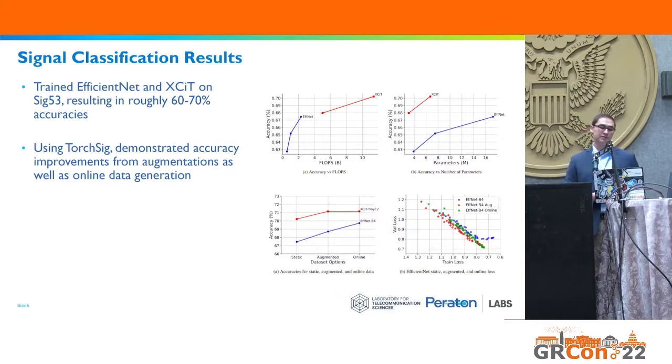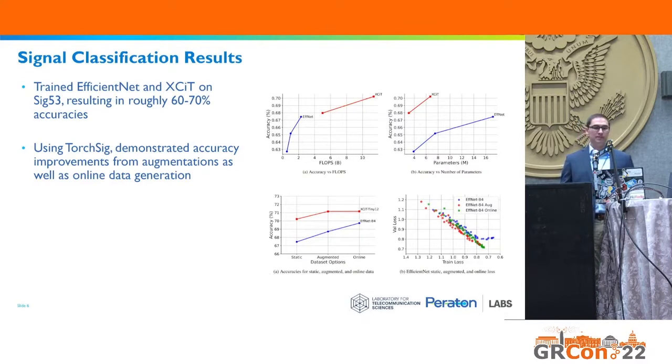these modern neural architectures. Additionally, something that has shown a lot of progress in the machine learning field since a paper that came out in 2017 is the application of transformer architectures. So we wanted to not only try out an EfficientNet, which is a convolutional-based architecture, but we wanted to try out a transformer architecture as well to see if these performance gains still happen in the RF and complex signal space.